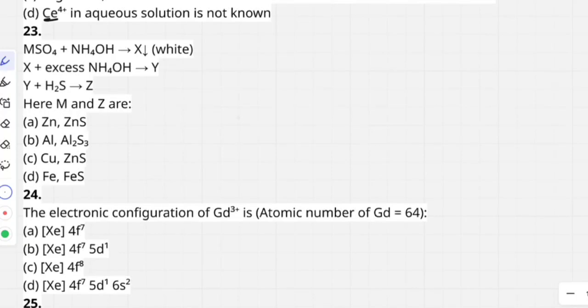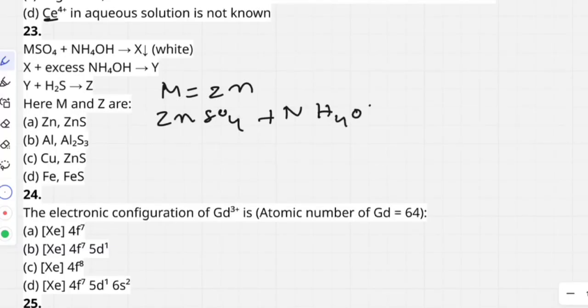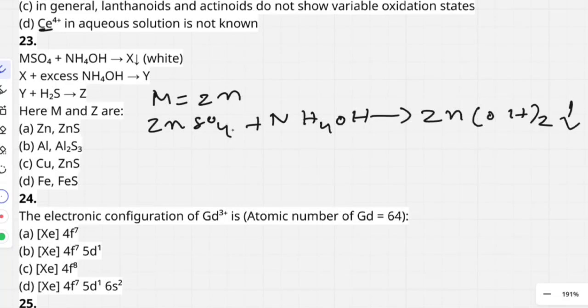If M is equal to Zn, I can write zinc sulfate, and on treating with ammonium hydroxide, zinc hydroxide is formed. It is a white colored precipitate.